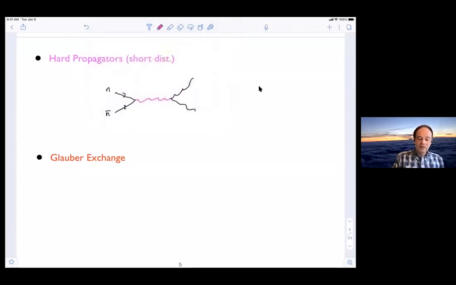So this thing here, because those two particles pump in a lot of energy in two different light cone directions, this momentum here is going to be something that's hard, and it's going to have scaling that's going like lambda to the 0, no suppression. And those hard particles get integrated out in the EFT. So you basically integrate them out into some short distance interaction, and then you have your long distance collinear lines, which these outgoing lines could also be two different collinear lines, which might look like that.